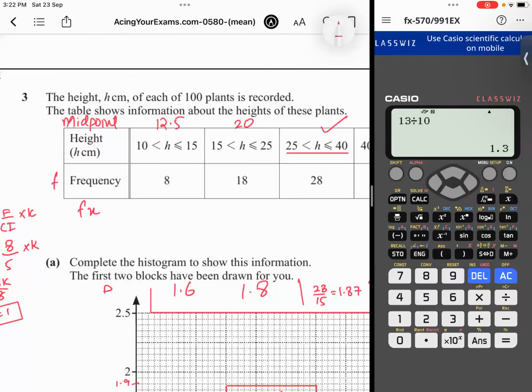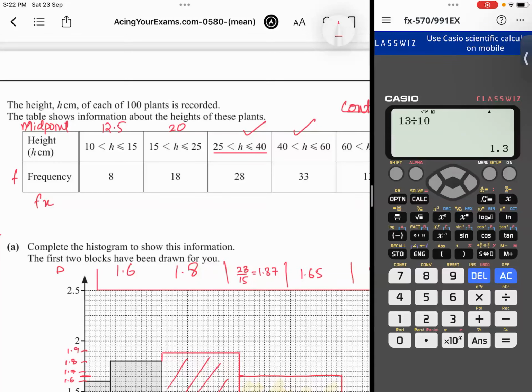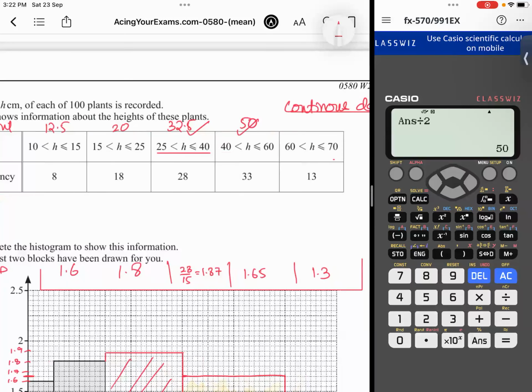Let's see. If I want to find out the midpoint between 25 and 40, so 25 plus 40 divided by 2. So that is what your midpoint is. So 32.5. So I hope all of you can predict now what is the midpoint between 40 and 60. 40 plus 60 divided by 2. So it's 50. So 60 and 70, the midpoint is 65.